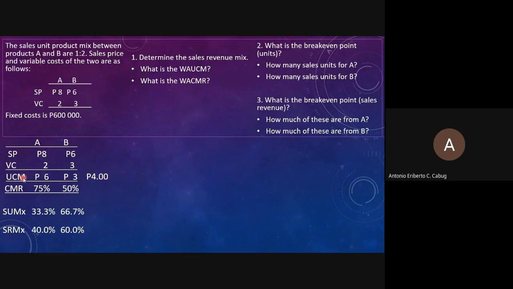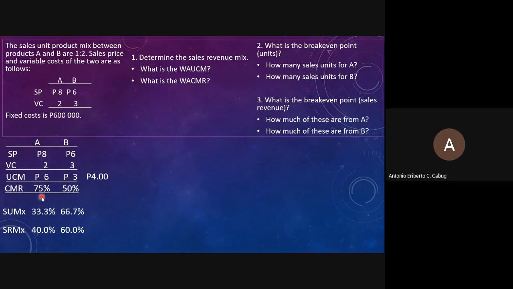The unit contribution margin, weighted average for A and boy. Magkaiba yung kanilang UCM, magkaiba ang kanilang CMR, kaya kailangan natin silang kuhaan ng weighted average. We use the UCM and the CMR in the break-even calculations.